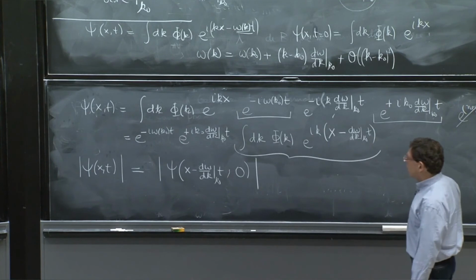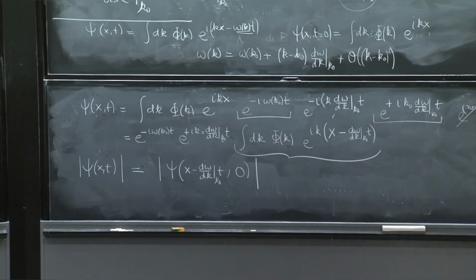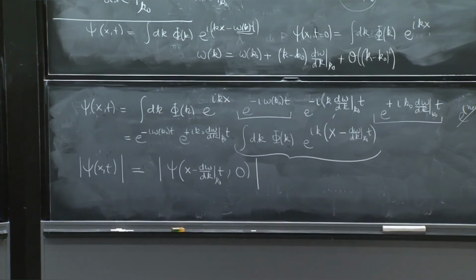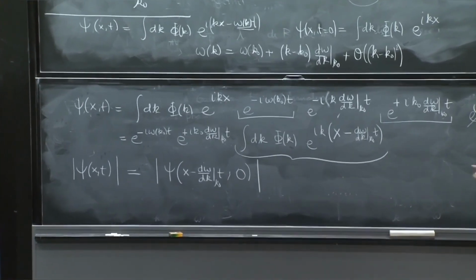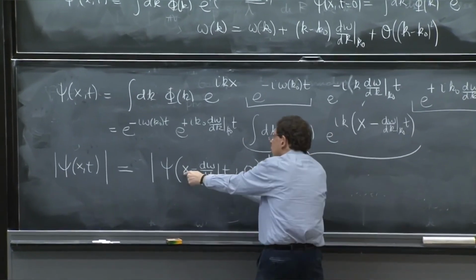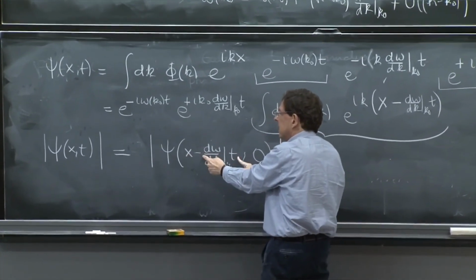So look what we've proven. The norm of the wave function at any time t looks like the wave looked at time equals 0, but just displaced a distance.